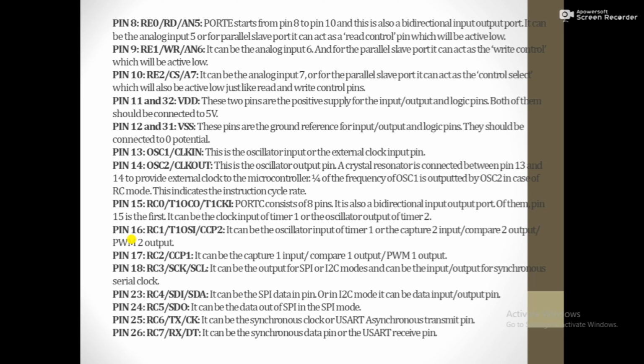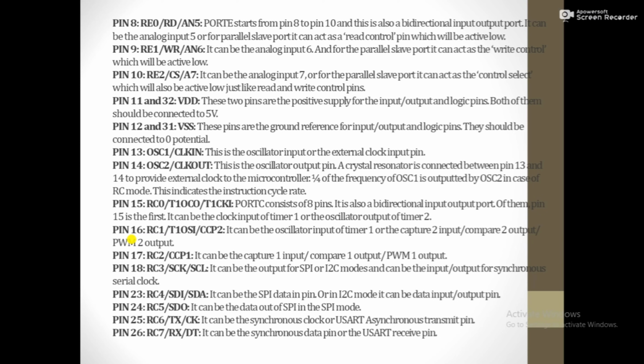Pin 15 is RC0. It can be a clock input of timer 1 or oscillator output of timer 1. RC1 can be oscillator input of timer 1 or the capture 2 input. And RC2 can be the capture 1 input, compare 1 output. Pin 18 can be the output for SPI or I2C modes.